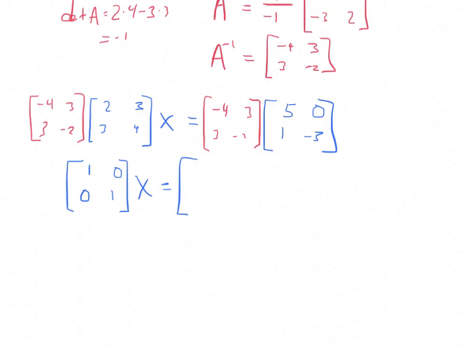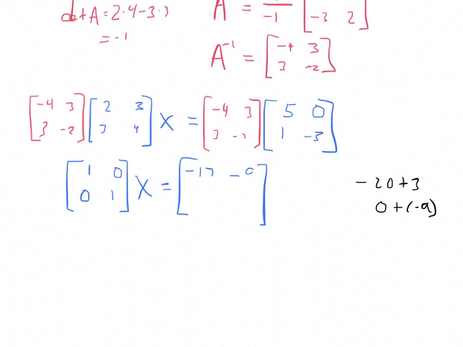So if I multiply this times this, I end up with -20 plus 3, so that's -17. And when I do first row times second column, I get 0 from those and -9 from those. So that's 0 plus -9.